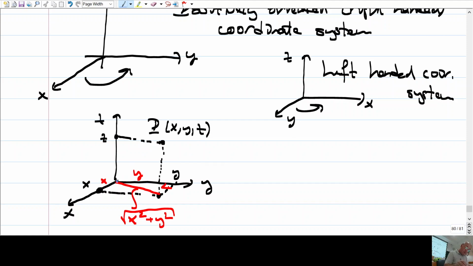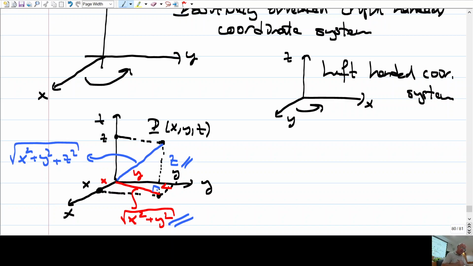And then one can also compute the distance from the origin to the point. How? You see I have a right triangle also here. One side is the length we just found, and the other is length z. From the Pythagorean theorem, you take the square of this one plus the square of this one, and then the square root. The square of this one is just x squared plus y squared, and the square of z is z squared.